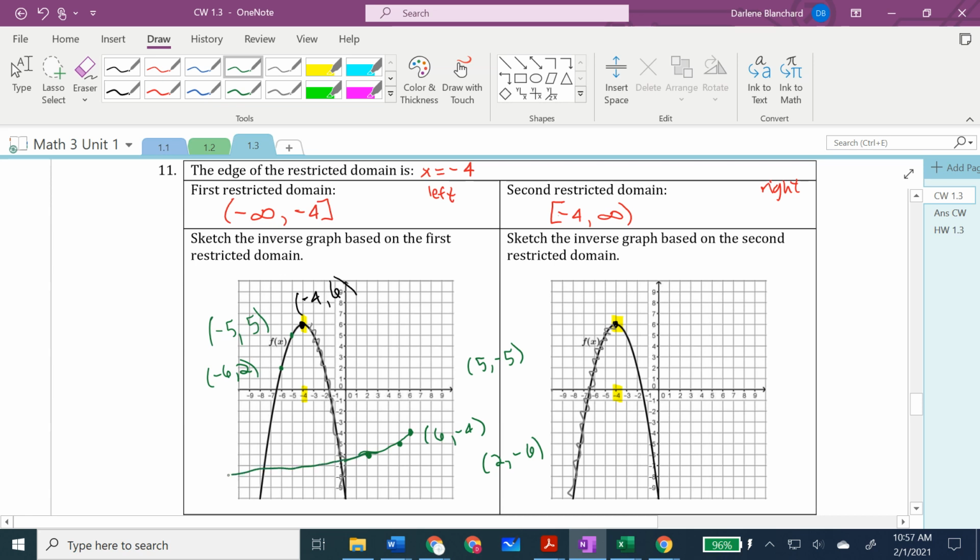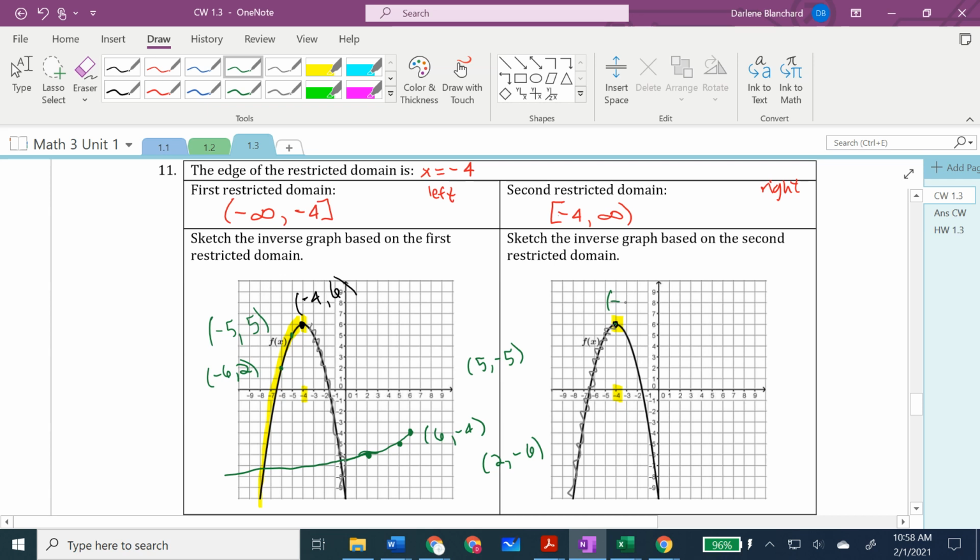And after you get enough points plotted, you can draw that, and you should see that it has nice symmetry with the portion of the graph that we used for the restriction. And then we're almost done. So what I'm going to do is write down some of the ordered pairs on the right half of the parabola, starting with the vertex.